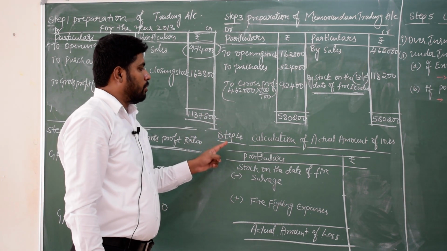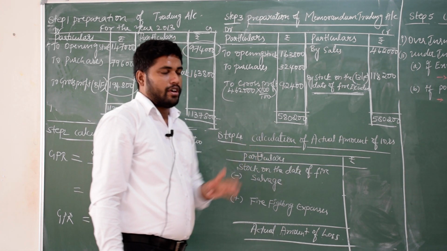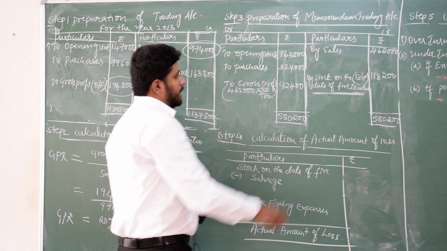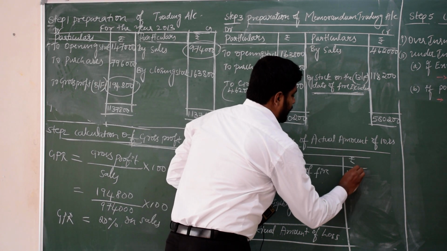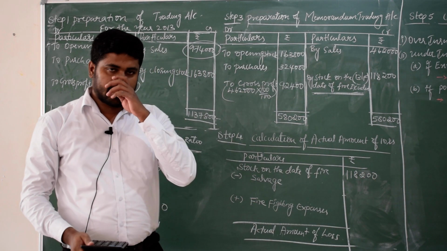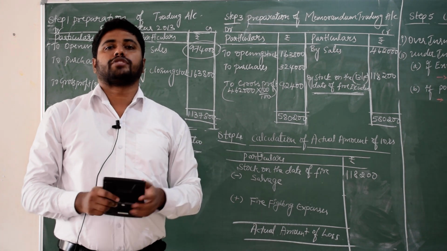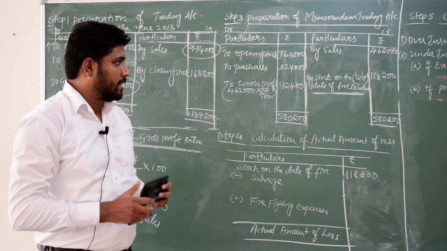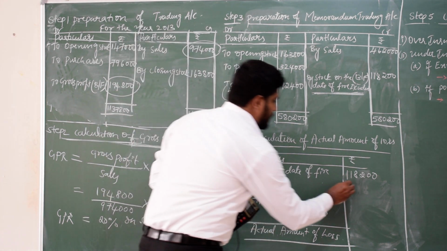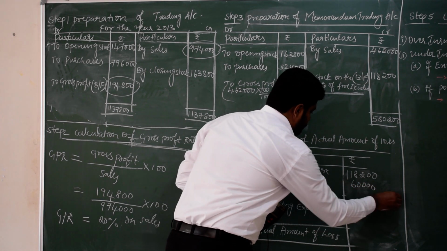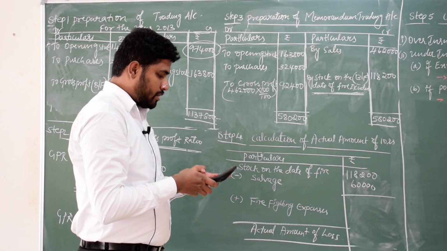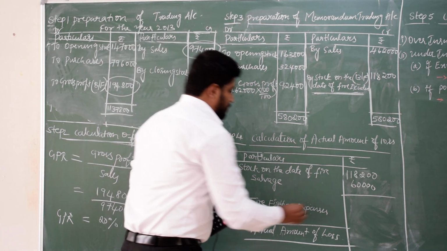In step number 4, we need to calculate actual amount of loss. First take stock on the date of fire accident. Here stock on the date of fire accident is 1,18,200. Deduct the amount of salvage. Salvage is nothing but a part of stock which was saved from fire accident. So in this problem, the value of salvage is 60,000 rupees. So 1,18,200 minus 60,000 rupees, 58,200.